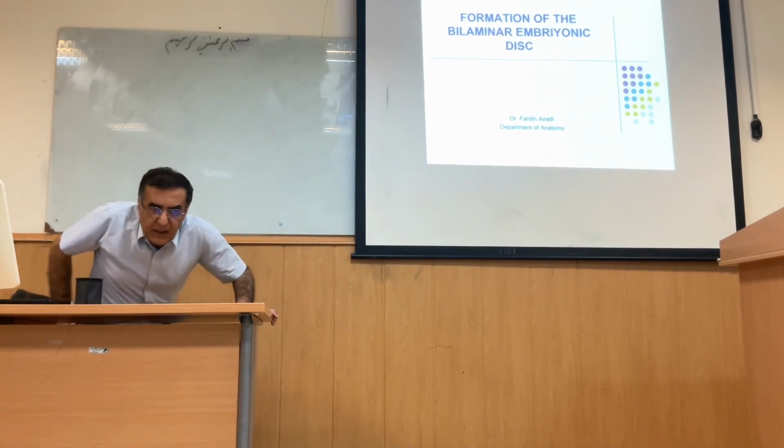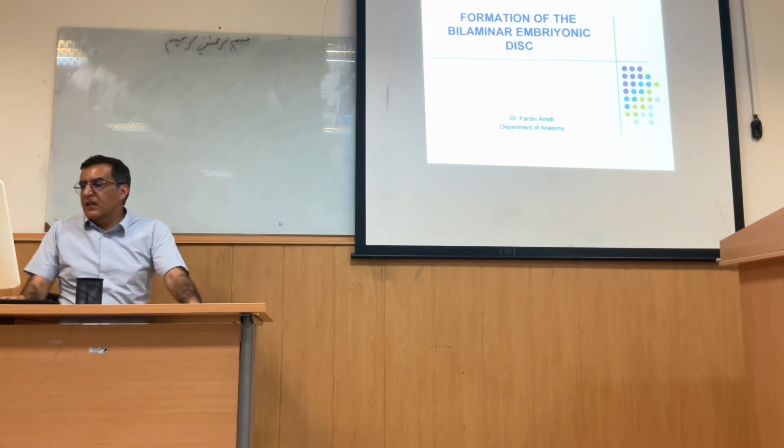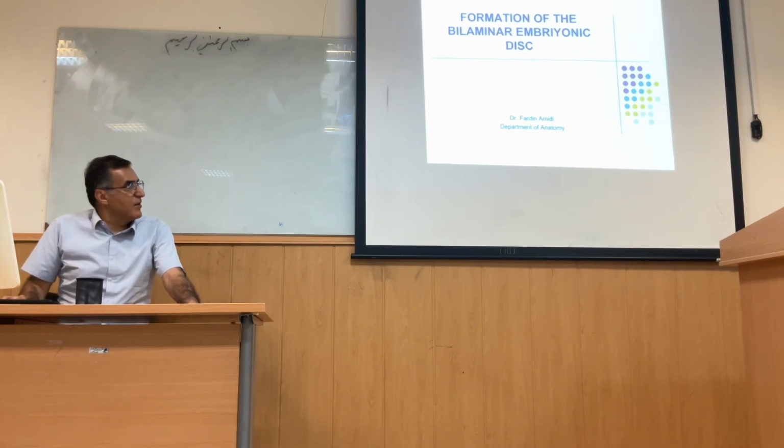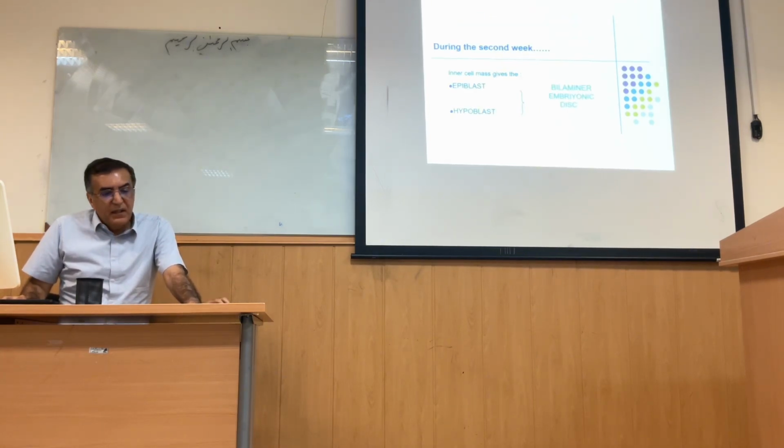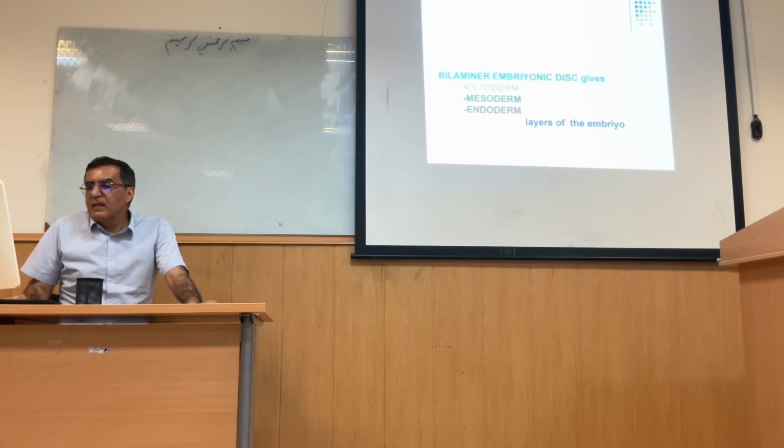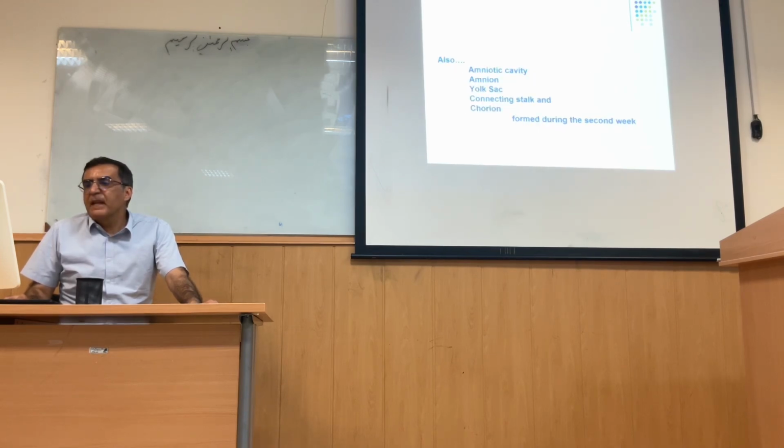We review together the slides. Here you can see the bilaminar disc, I told you about that. Finally, the bilaminar disc has to change to the 3 layers of the embryo.